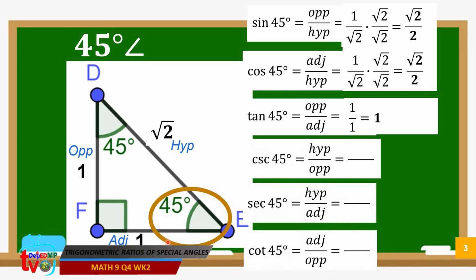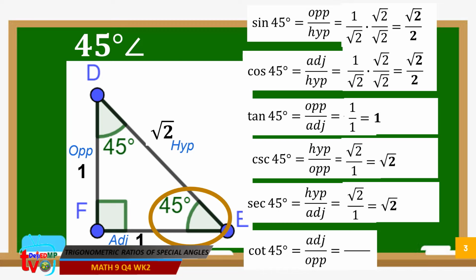Now, let us find out the cosecant, secant, and cotangent ratios. So, hypotenuse over opposite is square root of 2 over 1. So, we have square root of 2 over 1 is simply square root of 2. Next, secant 45 degrees is hypotenuse over adjacent. That's square root of 2 over 1.